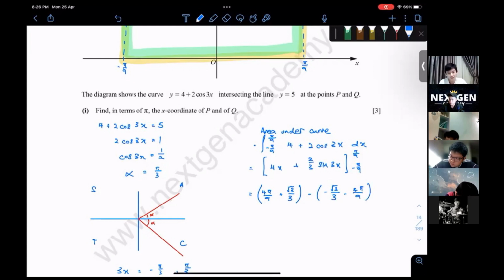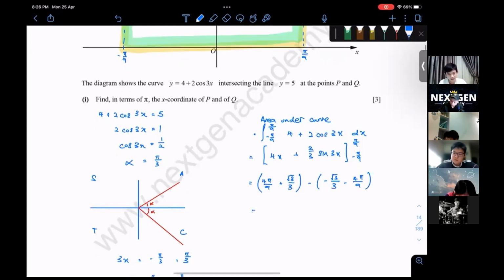The order doesn't matter. Then you should get 2 sec 3 over 3 plus 8 pi over 9. So this will be the area under the curve.